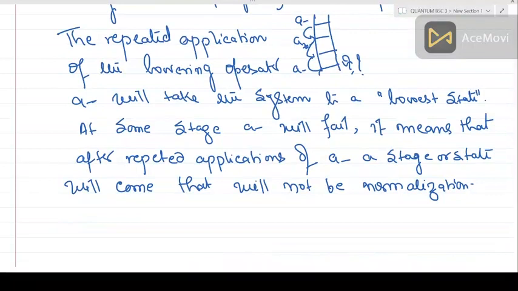I have told you in the previous basic lectures that it should be square integrable, normalizable.